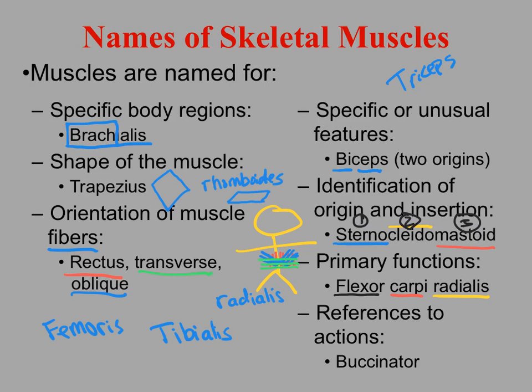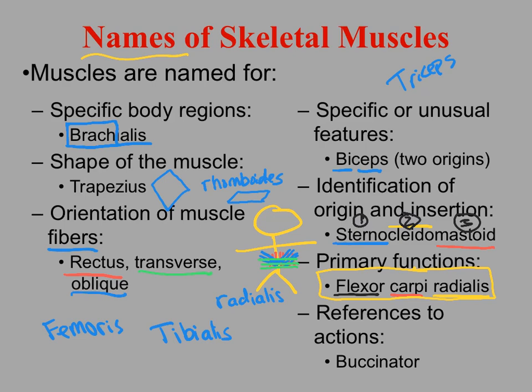So this name actually uses a few different ways that we've just discussed to name muscles. And that's usually the case. So extensor digitorum, or rectus femoris, or vastus lateralis, or biceps femoris, or triceps femoris.